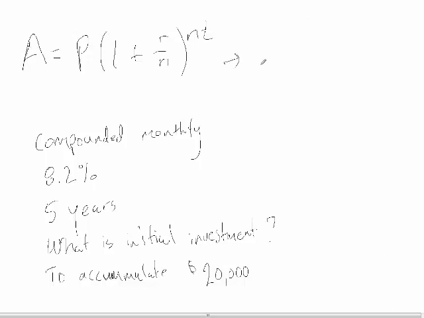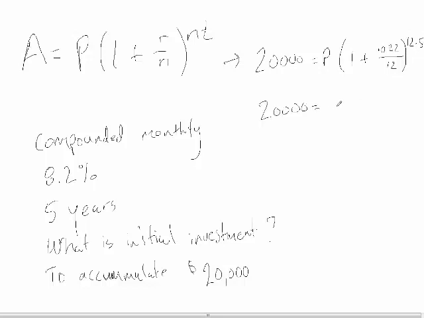So in this problem, we've got the accumulation, we don't know P, we know our rate of 8.2%, compounding periods monthly, and number of years.